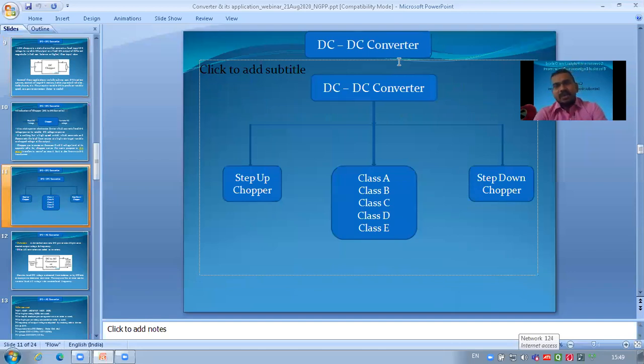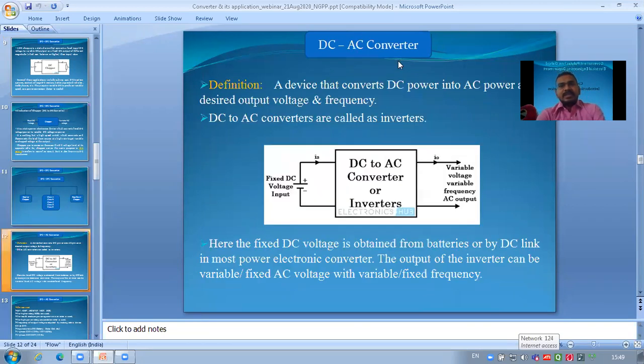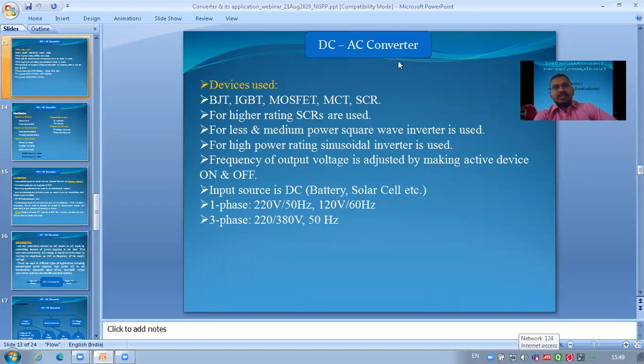According to the output voltage and current, it is classified into class A, class B, class C, class D, and class E chopper. Then DC to AC converter. The input is DC and output is AC. It is also known as the inverter. The devices used are IGBT, MOSFET, and SCR, with high power rating SCRs used.